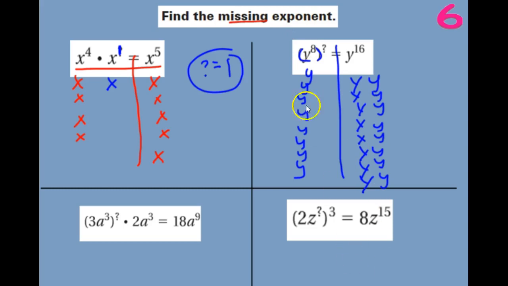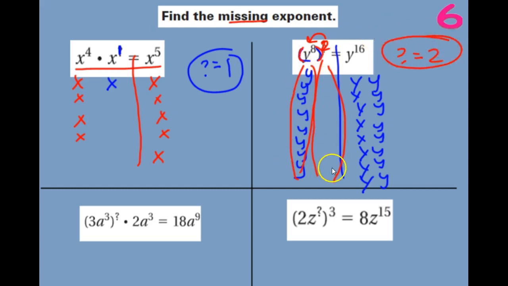But this exponent, this parentheses here, tells us that this is a group. So how many groups of 8 do we need to get to 16? Well, we would need 2 groups. So we need to multiply this or write this out 2 times. So we would need 1 more, for a total of 2. So that question mark would have to equal a 2 because we need 2 groups of 8 in order to get to this 16.